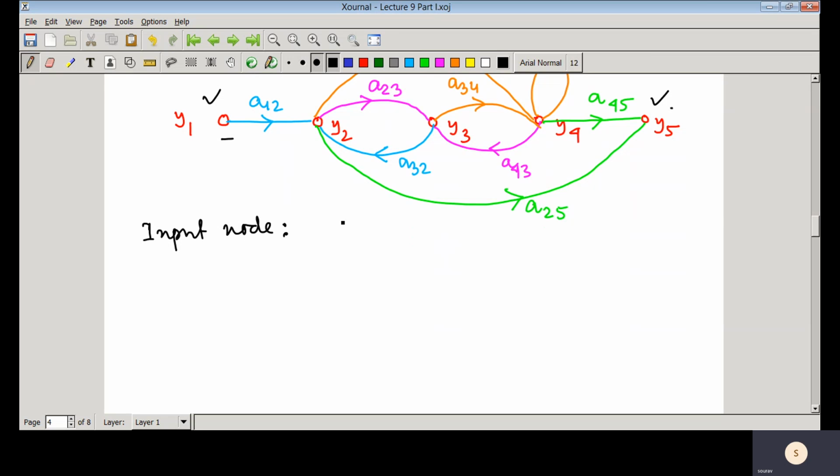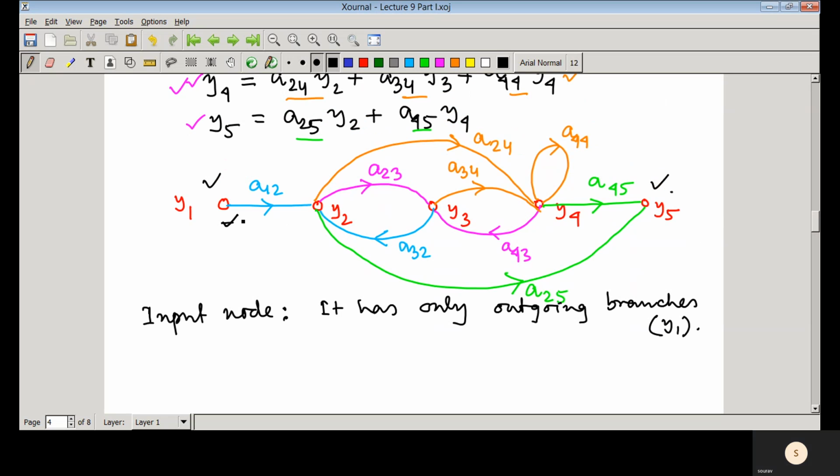Which node is said to be an input node? It has only outgoing branches. So in this case the input node is Y1. Here you can see that Y1, the input node, has only outgoing branches.